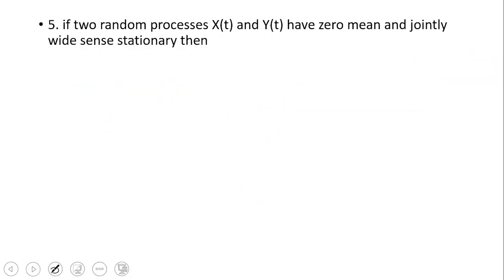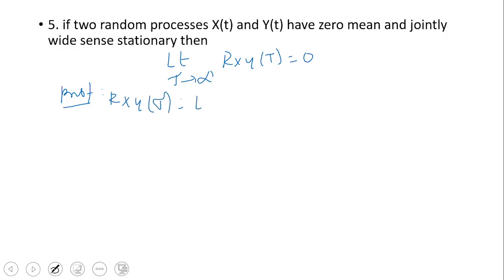Next, the fifth property: if two random processes x of t and y of t have zero mean and are jointly wide-sense stationary, then limit tau tends to infinity, Rxy of tau is equal to 0. For the proof, we write the formula for Rxy of tau, which is equal to E of x of t, y of t plus tau.